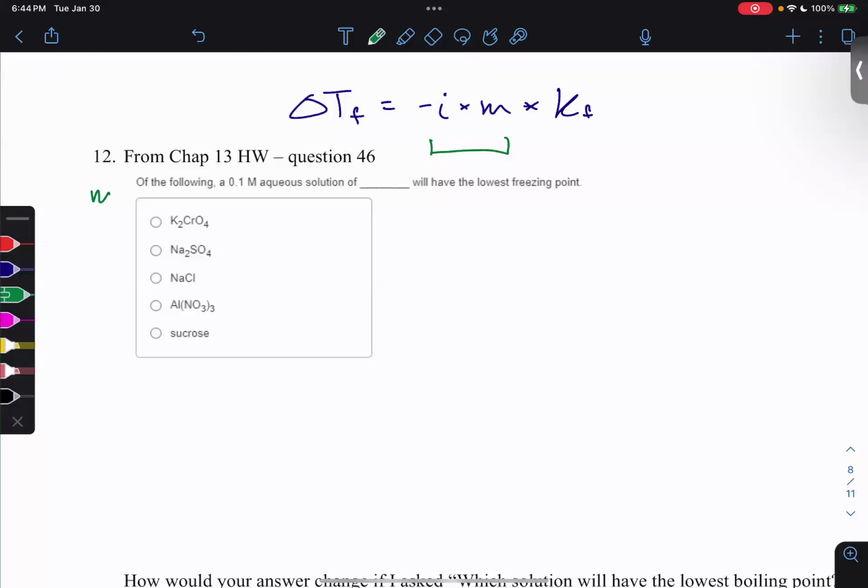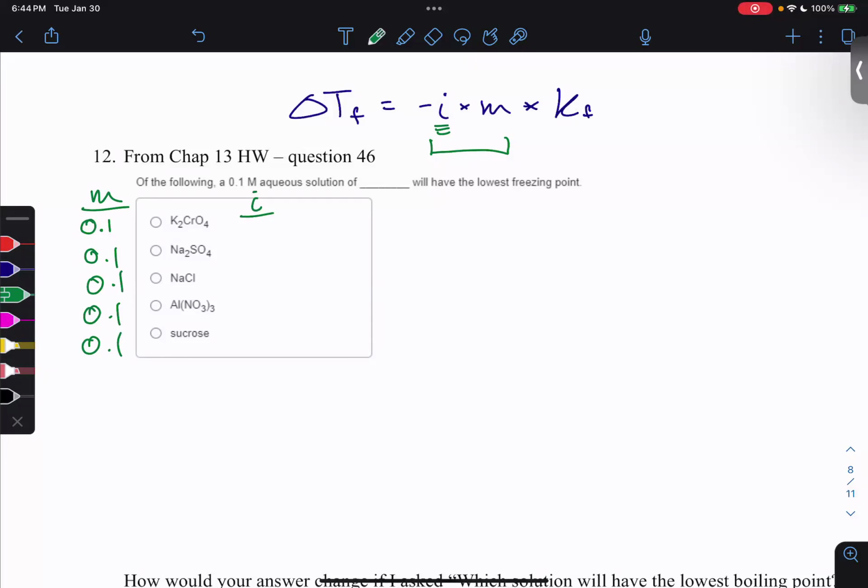All of these have the same molality, 0.1, 0.1, 0.1, 0.1, 0.1, but they have different concentrations of particles in solution, because molality does not take into account the van 't Hoff factor. So we need to look at the product.